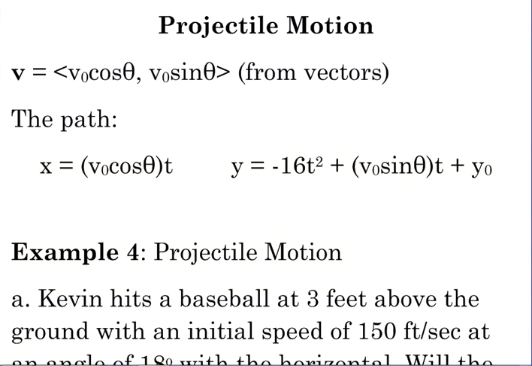All right, so with projectile motion, most of the time you're going to be given a velocity. And from what we just learned with vectors, we know that we can break that velocity into its horizontal component and its vertical component, by taking its magnitude, the initial velocity, that's v sub 0 right here.